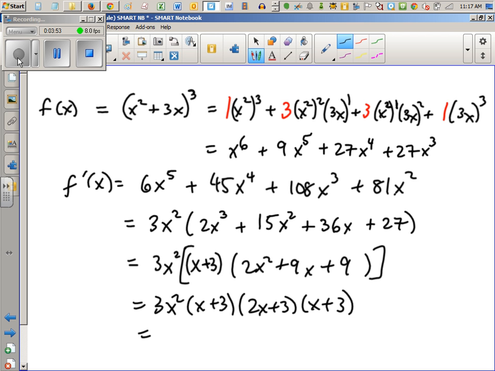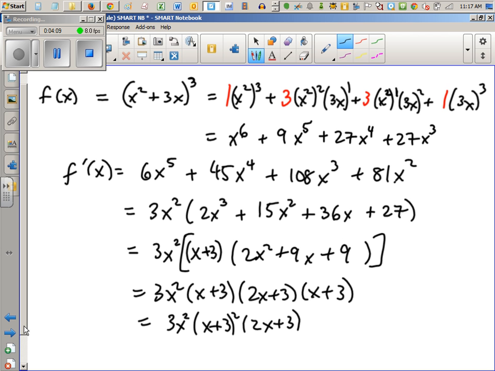A lot of work. We basically got a 3x squared, there's an x plus 3 squared, there's a 2x plus 3, does that look right?